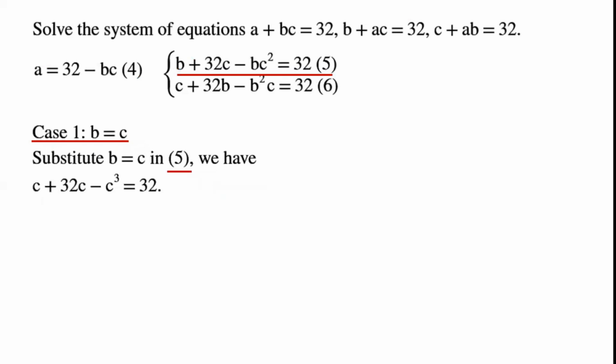We have C plus 32C minus C cubed equals 32. By rearranging the equation, we can now write C cubed minus 33C plus 32 equals 0.